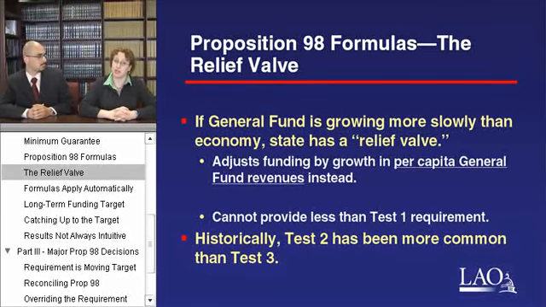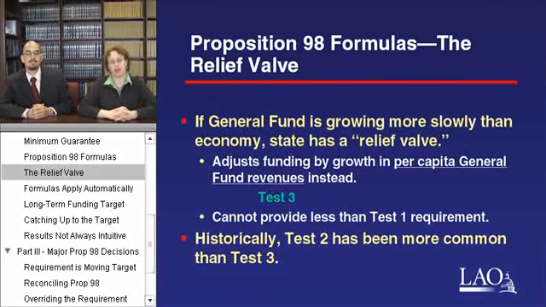This is known as Test 3, and it results in a lower funding requirement than Test 2. While this relief can be helpful in difficult years, it cannot bring total K-14 spending below the Test 1 minimum requirement of roughly 40% of all general fund spending.